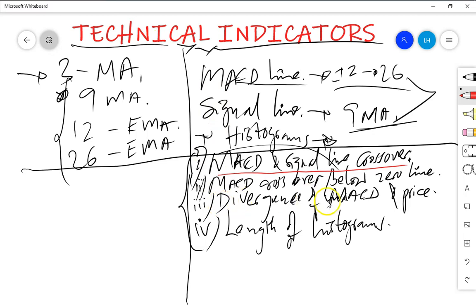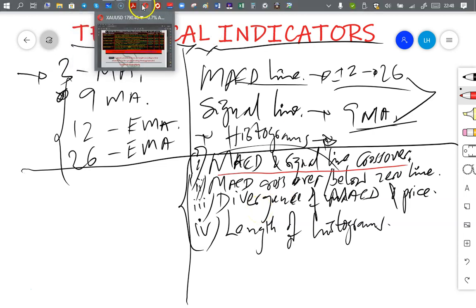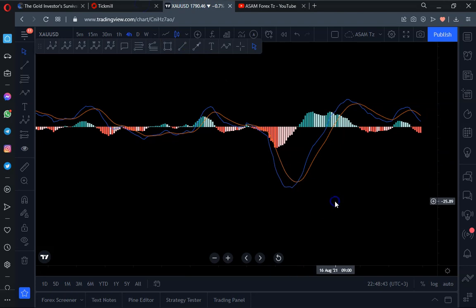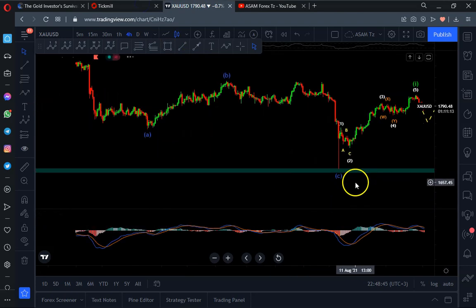Another thing is divergence of MACD and the price. On divergence, we will consider the idea that, maybe let me go to the chart. Let me show you the price chart and other things.